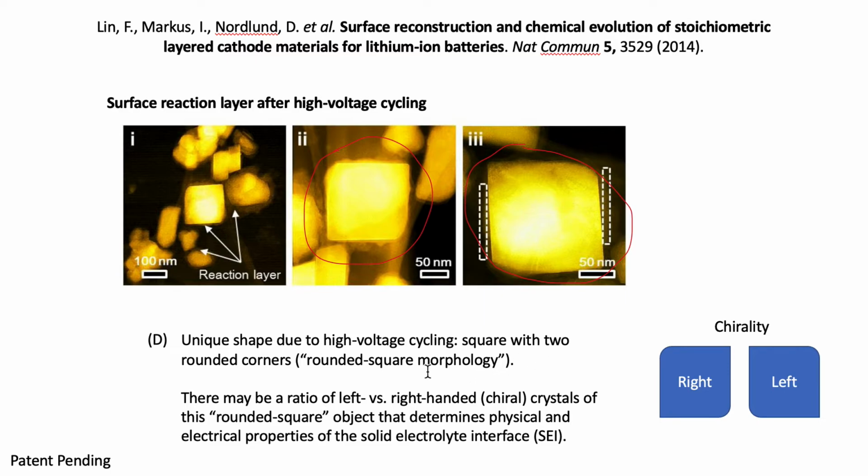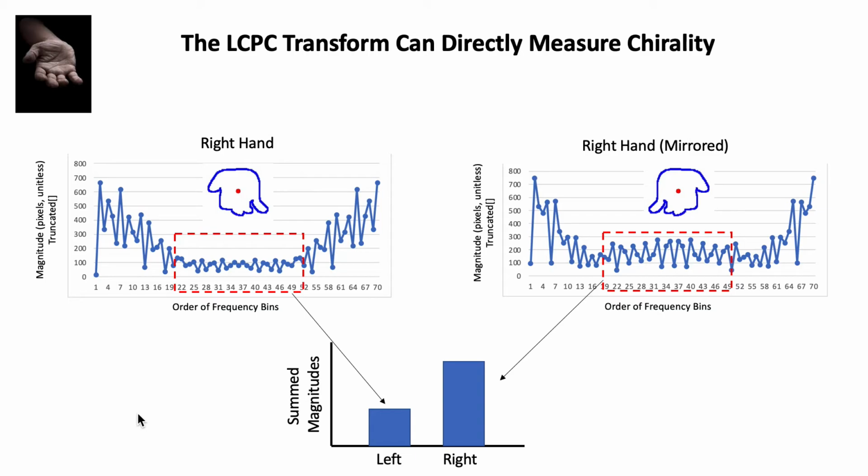And just like shapes, there's likely a ratio between right-handed and left-handed crystals in this reaction, which will likely correlate with the physical and electronic properties of the material.